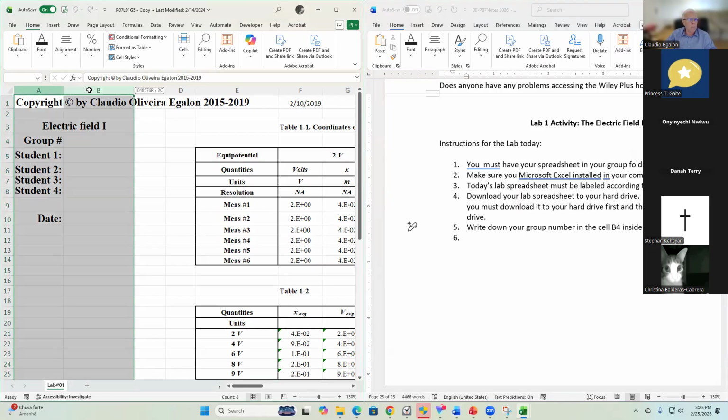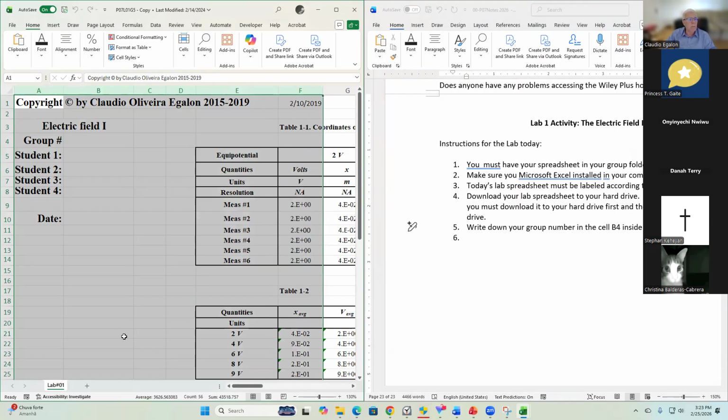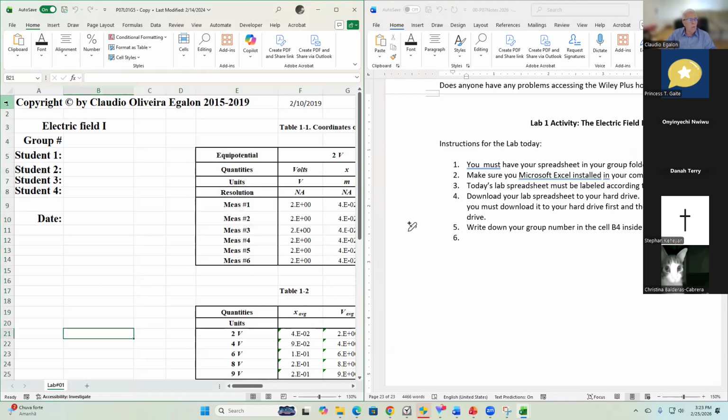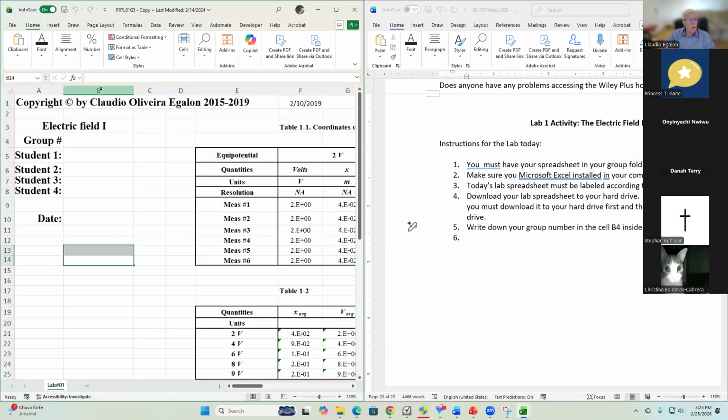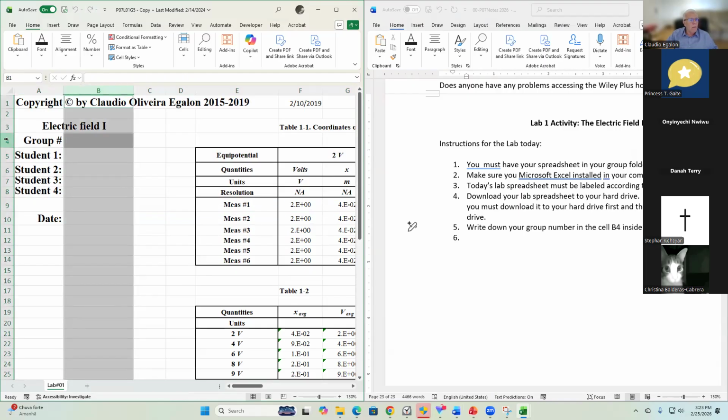The columns are labeled with letters A, B, C, D, E, F, G, and the rows are labeled with numbers. So B4 corresponds to this cell right here, in case you are not familiar with Microsoft Excel.